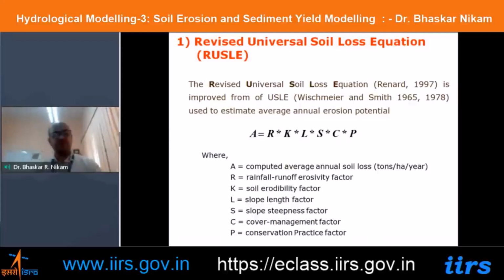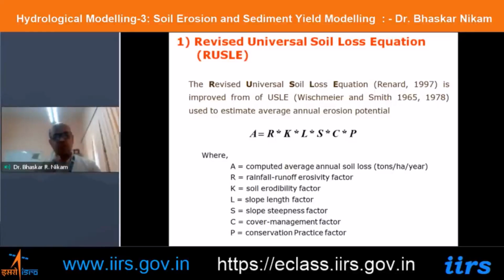The original Universal Soil Loss Equation was proposed way back in 1965, then 1978. But in 1997, Renard did some revision, not in the original structure of the process, but in some parameters to increase its applicability.